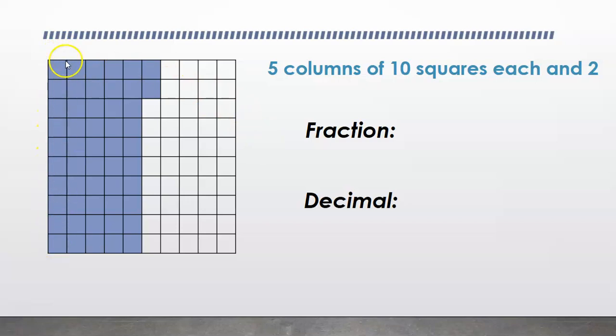Be careful. Each column has 10 squares. Then each column equals 1/10. It's 10 plus 10 plus 10 plus 10 plus 10. It's 50. 5 of 10. Remember when I told you 5 of 10 equals 5 times 10. So it's 52. And our denominator here is 100. Then it's 52 over 100.